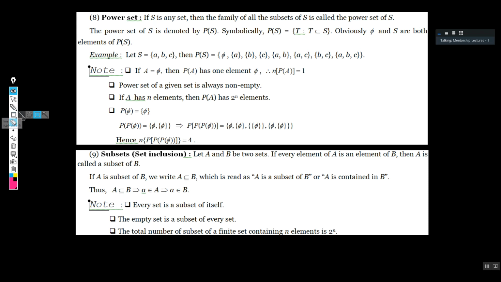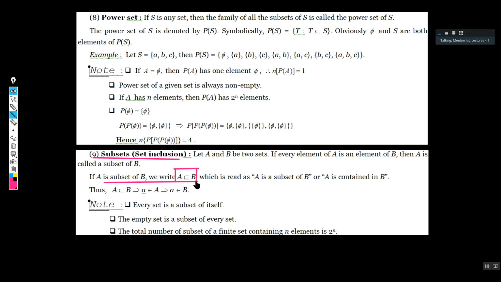Now, subsets, please. In the name itself, we have set inclusion, meaning a set contains this set, and hence this is said to be a subset. So, if A is a subset of B, then we write A is subset of B. The symbol is this.